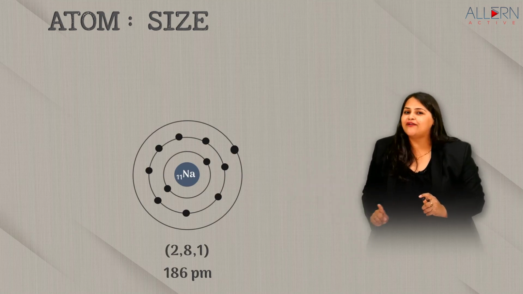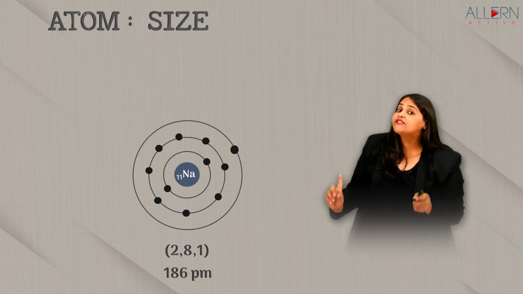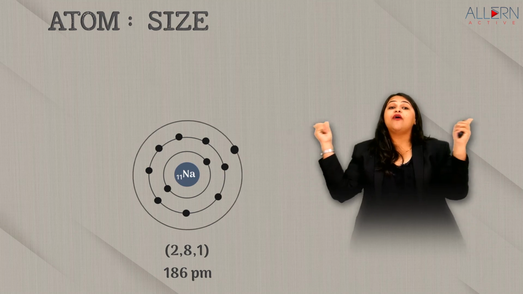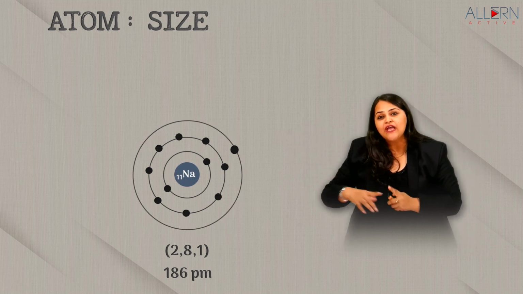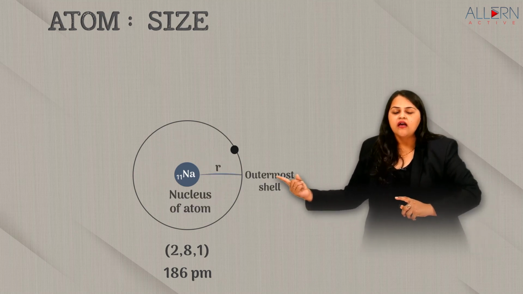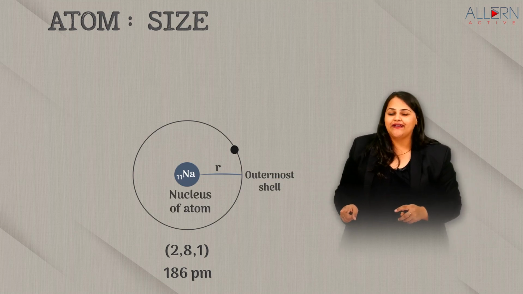Wonderful, this is circular, right? Now, if it's a circle, it's obvious that it's going to have a center and a circumference. What is in the center? The nucleus. And what's in the circumference? The last orbit, my dear child.